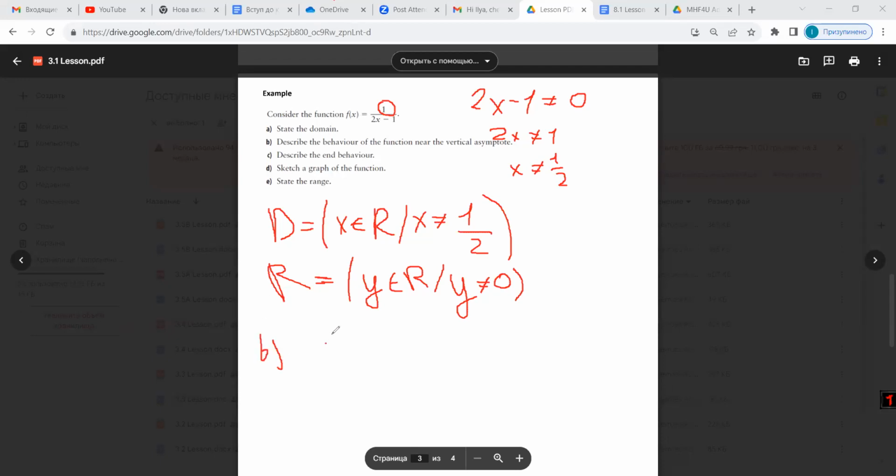To the left-hand side, we will take 0.9 over 2. The right-hand side, we will take 1.1 over 2.